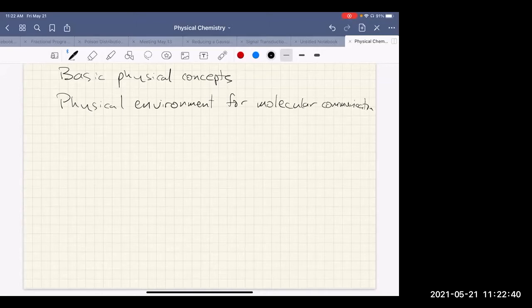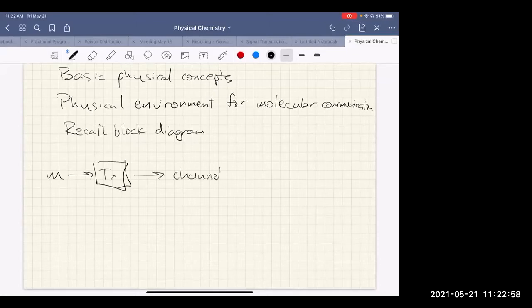So remember the block diagram. We have a message that goes to a transmitter, that goes through a channel, that goes through a receiver, and then an estimated message. Molecular communication is no different.